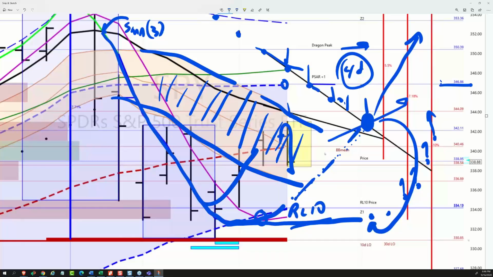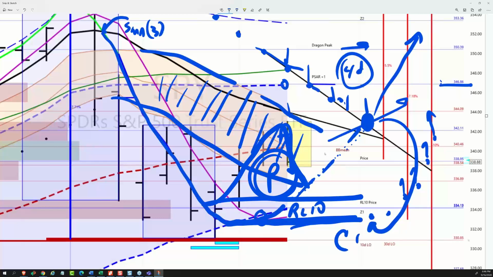So this little price move here is now creating a pocket. And at the base of the RL10, oh, I'm sorry, it's down here. I obscured it. This is where the collapsing dragon takes over, which is almost co-located with a 10-day low and a 30-day low.